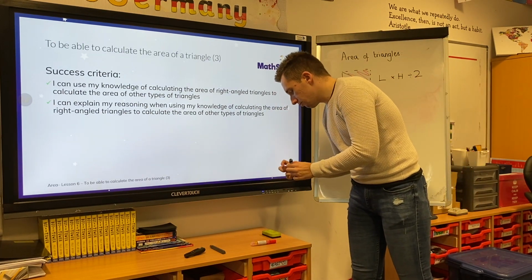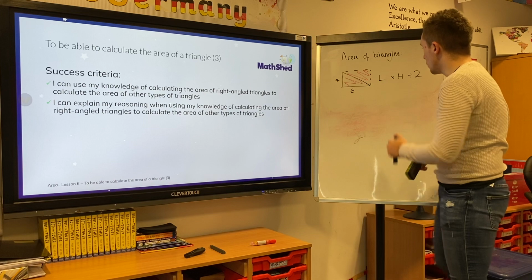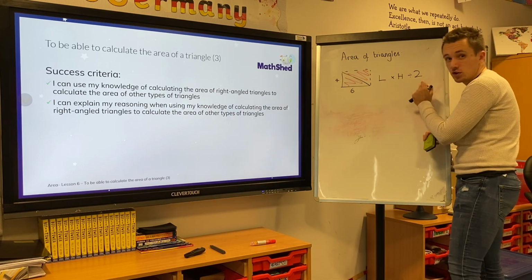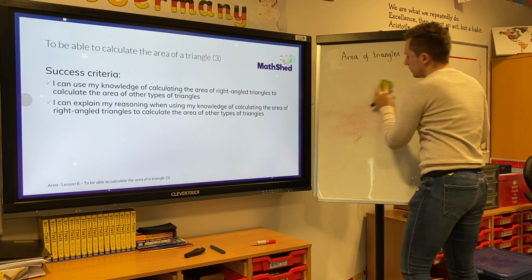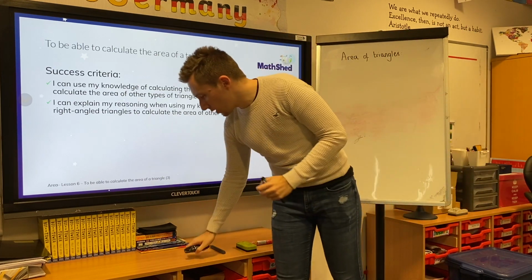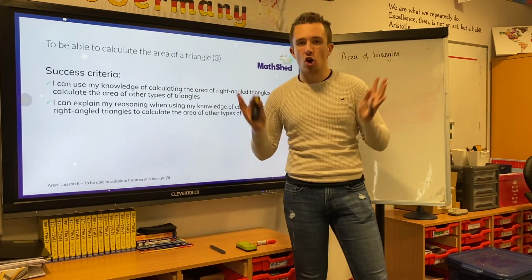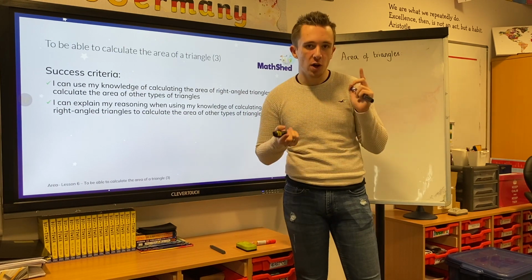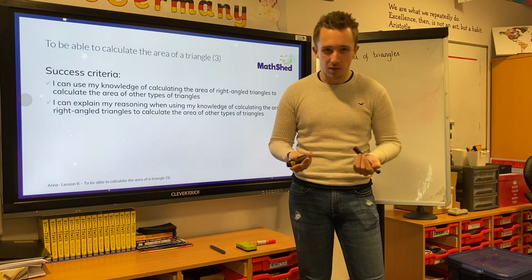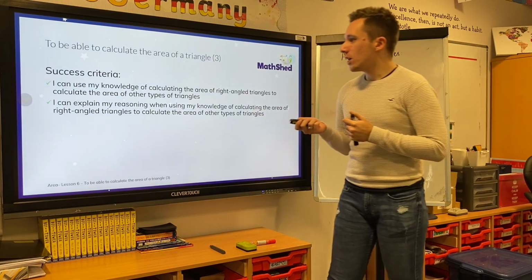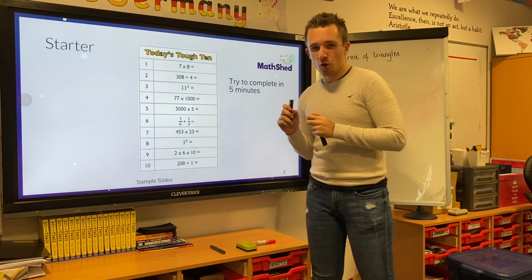So, area of a right-angled triangle, length times height divided by 2. Today, we're going to be looking at the area of all triangles, whether it's a right-angled triangle, an isosceles, scalene, equilateral, etc. So, before we get started with that, here's your starter.